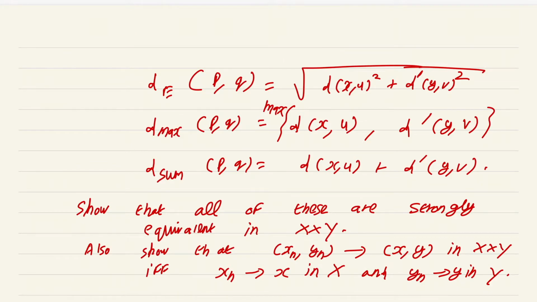So what this is essentially showing is that when you choose these strongly equivalent metrics, you can characterize convergence of a sequence in terms of the behavior of its components. Also show the same thing for Cauchy sequences. I'm not writing out that exercise, it's there in the notes. Show that (x_n, y_n) is Cauchy if and only if x_n is Cauchy and y_n is Cauchy.